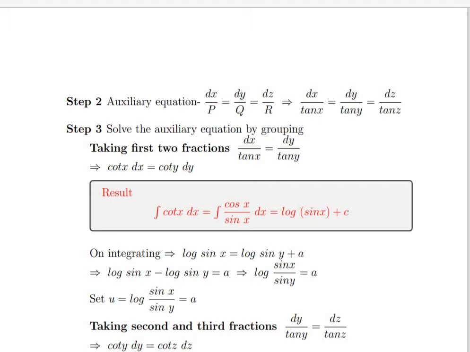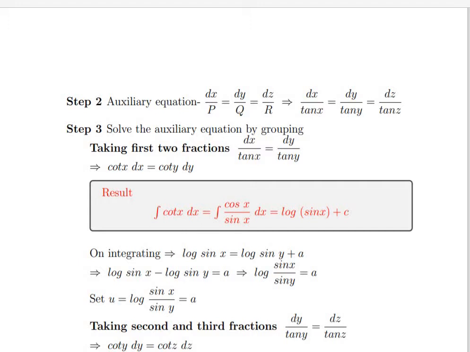We know the result: integral cot x dx, which is the same as integral cos x by sin x dx, equals log sin x plus c. So on integrating our equation, we get log sin x equal to log sin y plus a, where a is the integration constant.